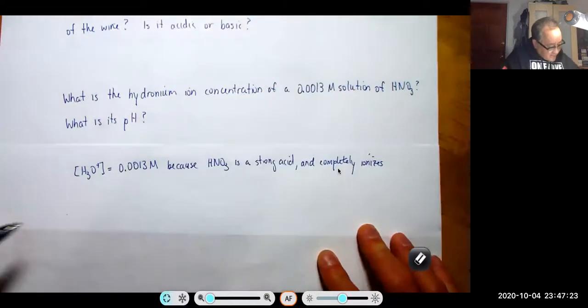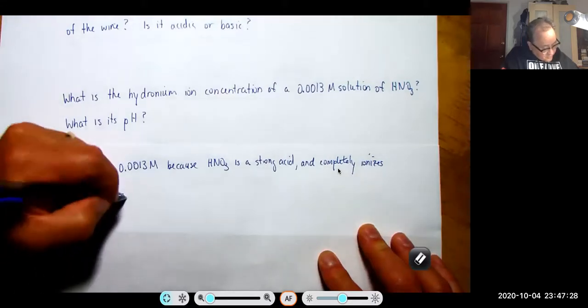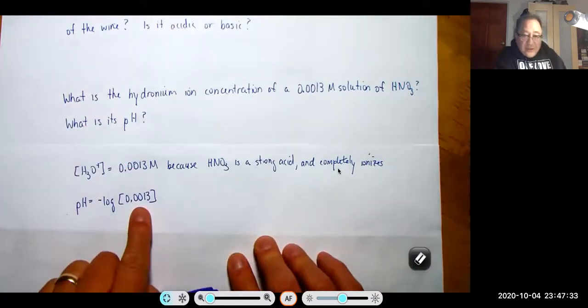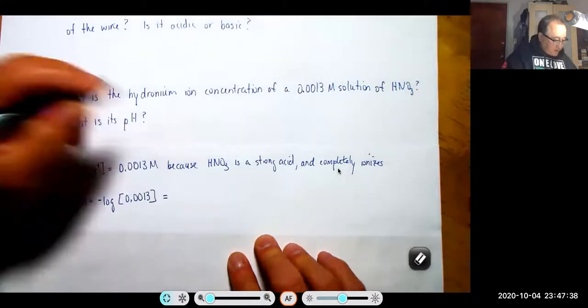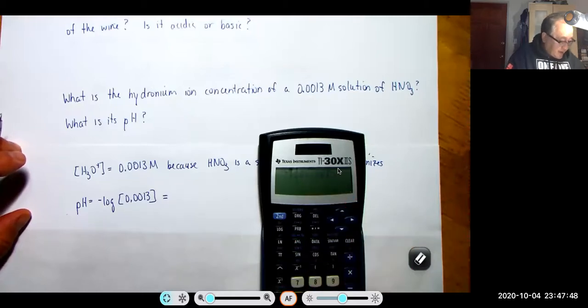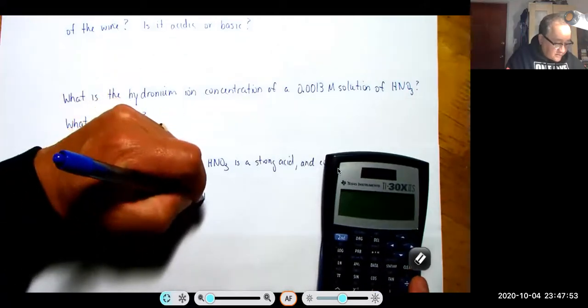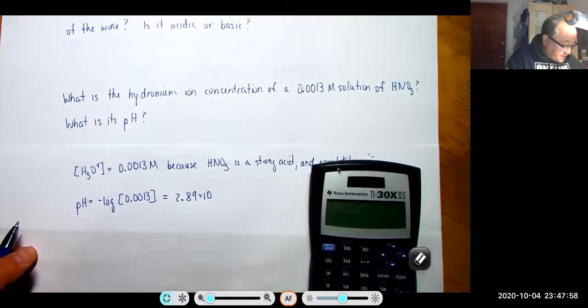All right, what is its pH? The pH is negative log of 0.0013. Since we have 2 significant figures, we get 2 digits after the decimal. So I'm going to plug this into my calculator. Clear, negative log 0.0013, and I get 2.89 times 10 to the 0.